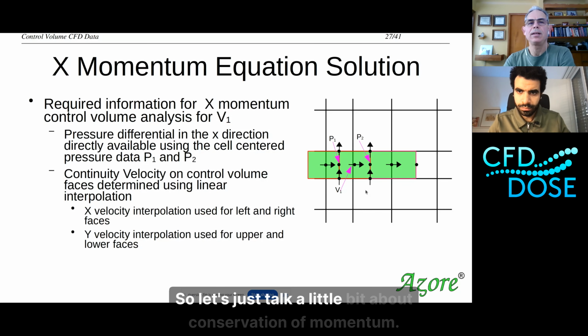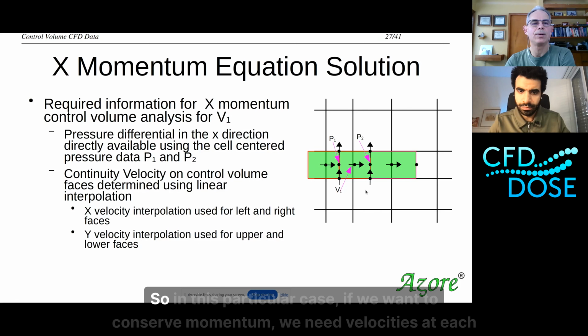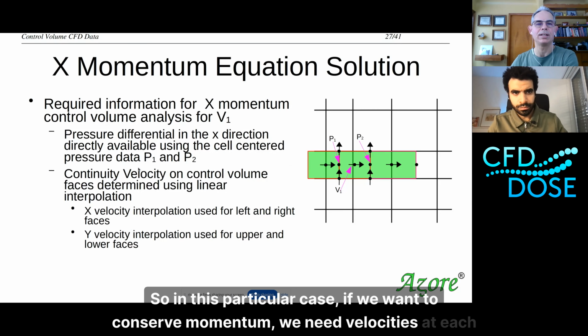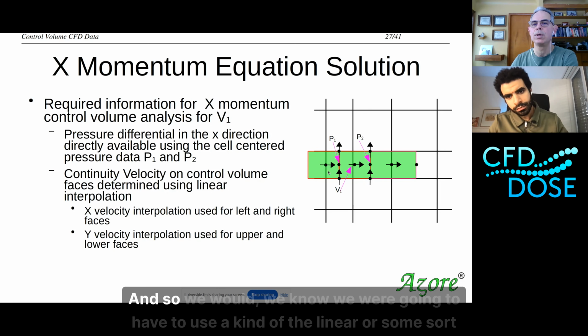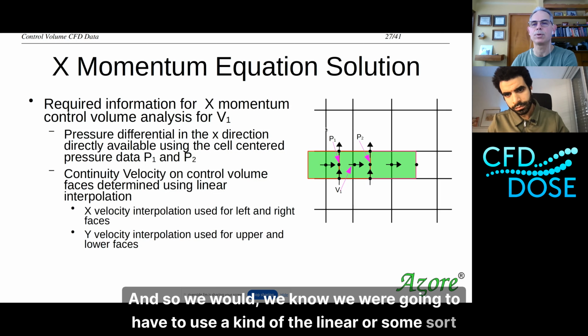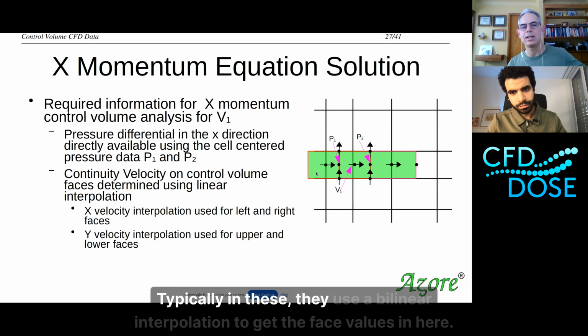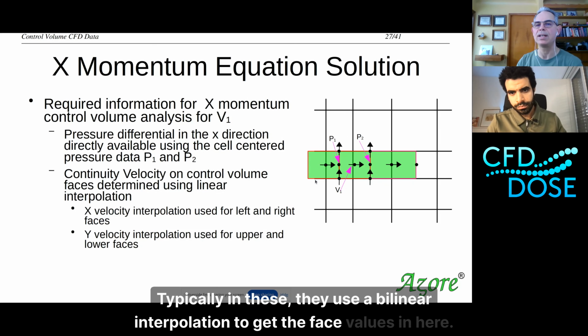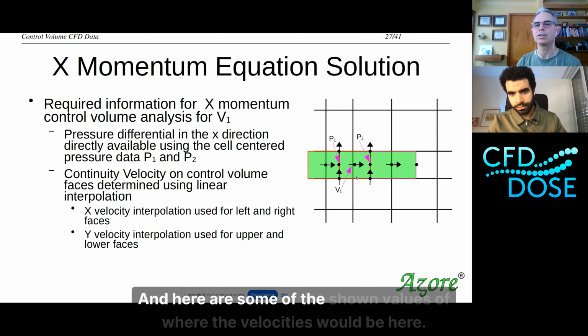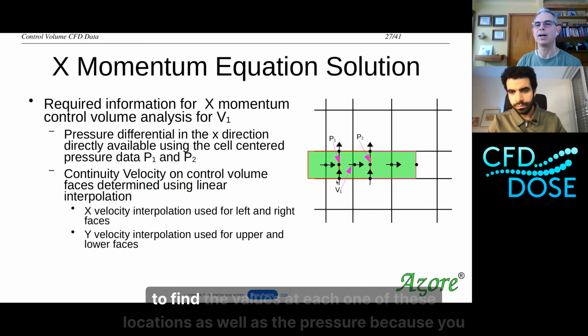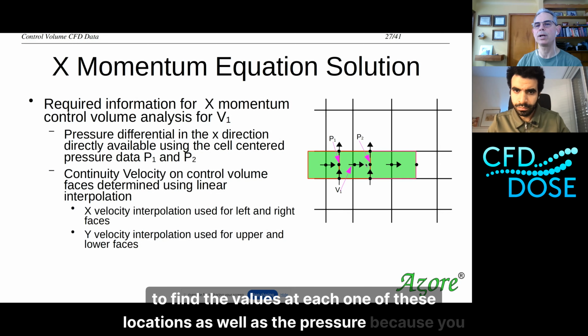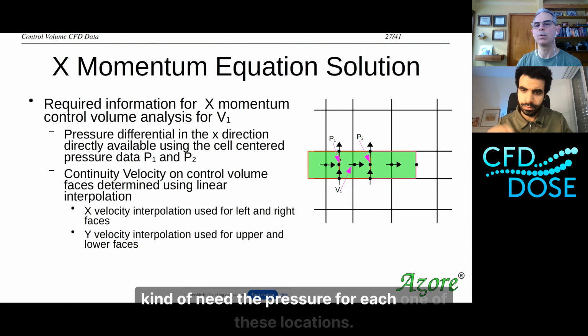So let's talk a little bit about conservation of momentum. In this particular case, if we want to conserve momentum, we need velocities at each one of these locations. So we know we are going to have to use some sort of interpolation. Typically they use a bilinear interpolation to get the face values in here. Here are some of the values showing where the velocities would be, to find the values at each one of these locations, as well as the pressure, because you need the pressure at each one of these locations.